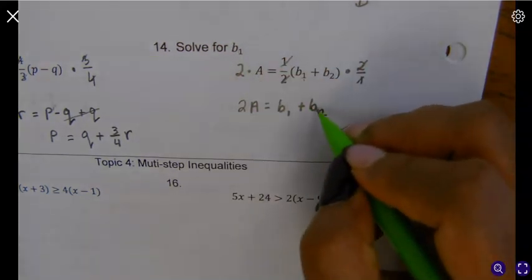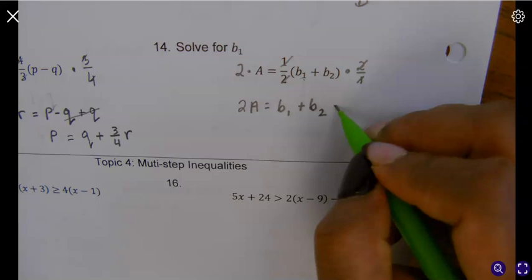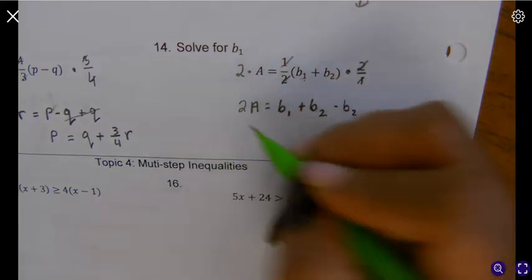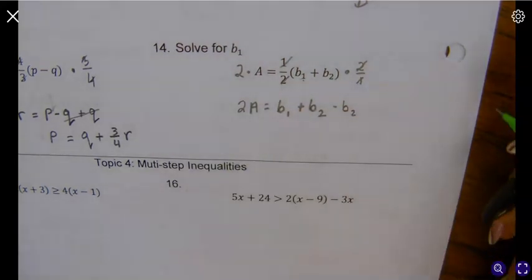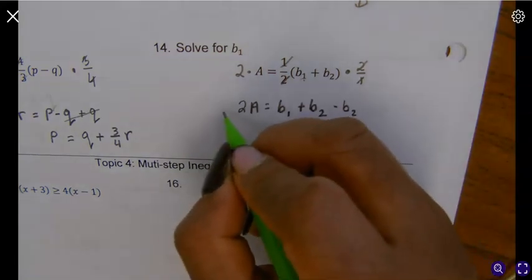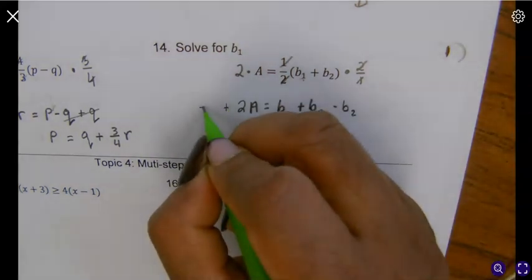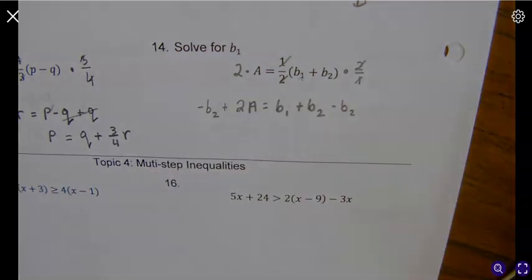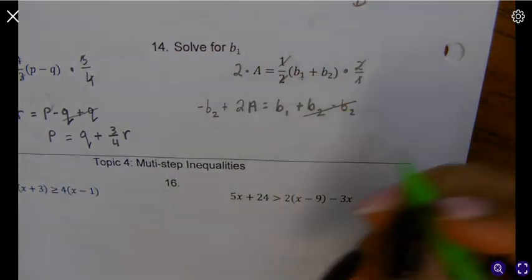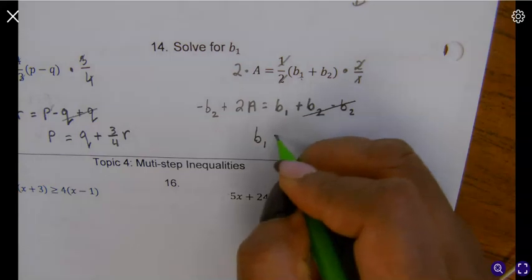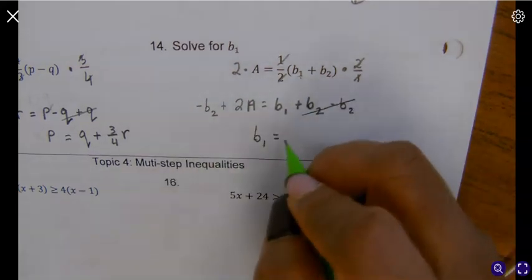Again, to get rid of the B2, I need to add the inverse, which is negative B2. So I'm going to add the inverse. That gets rid of that. So you have B1 equals, just put those two together.